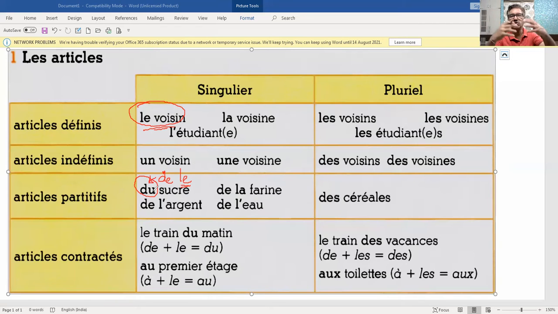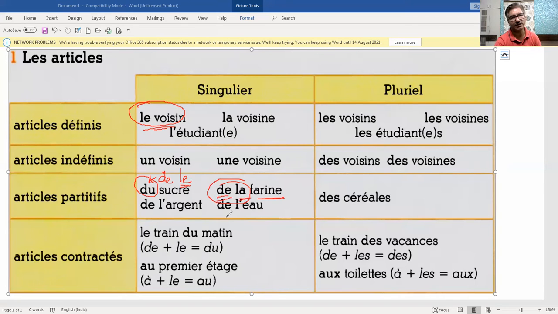Okay, these two combined together, de plus masculine article le, it becomes du. We never write it de le. It is combined together to form a new word, du. But before feminine nouns, we do not combine these two. Remember, we do not combine these two. These are written separately.